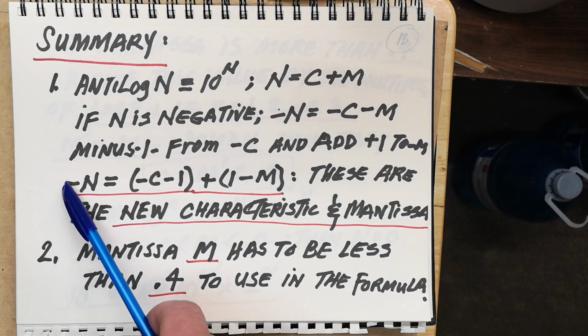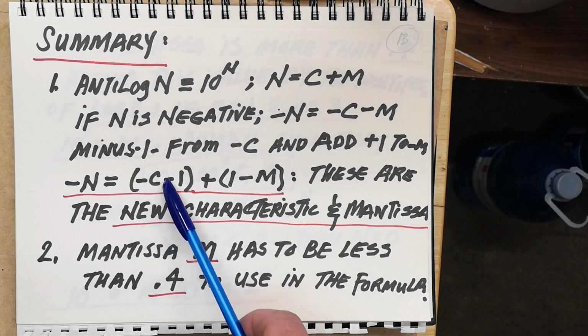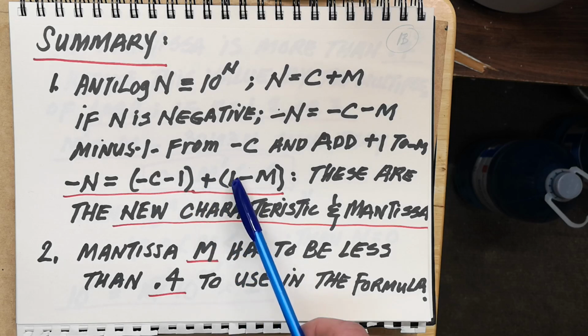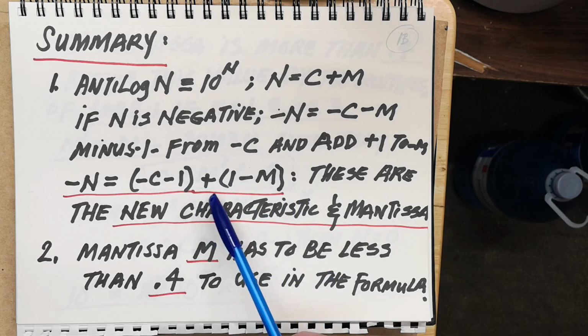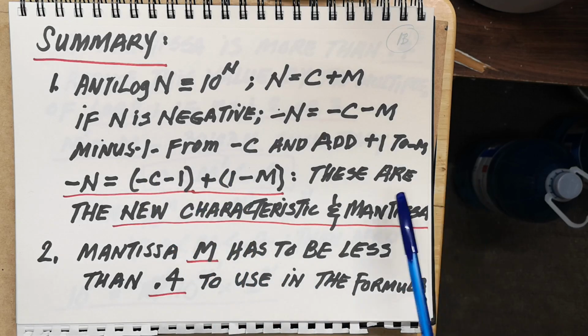Therefore, minus n is equal to minus c minus 1 plus 1 minus m. Plus 1 and minus 1 cancel out. So these are the new characteristic and mantissa if you have a negative number. The mantissa m has to be less than 0.4 to be used in this formula.